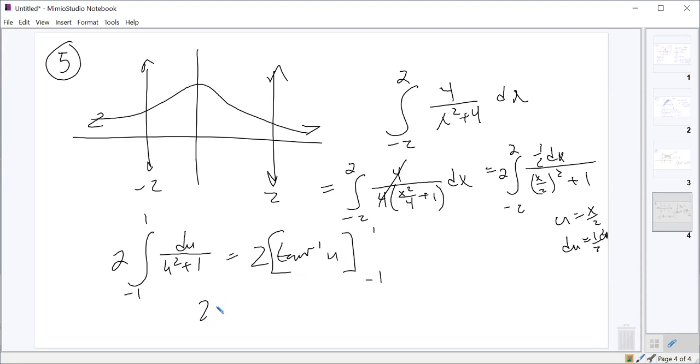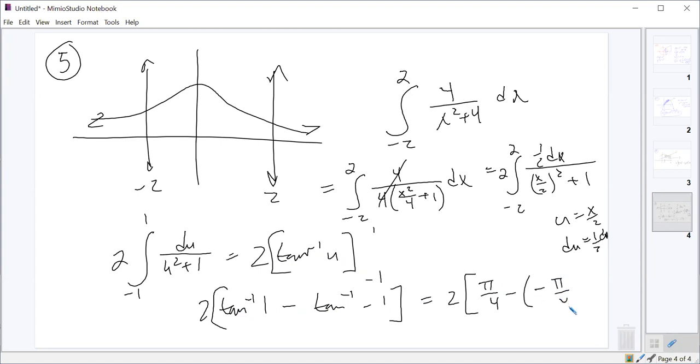So 2 times inverse tangent 1 minus inverse tangent of -1. Inverse tangent of 1 is pi over 4, and inverse tangent of -1 is -pi over 4. So pi over 4 plus pi over 4 is pi over 2, times 2 is pi.